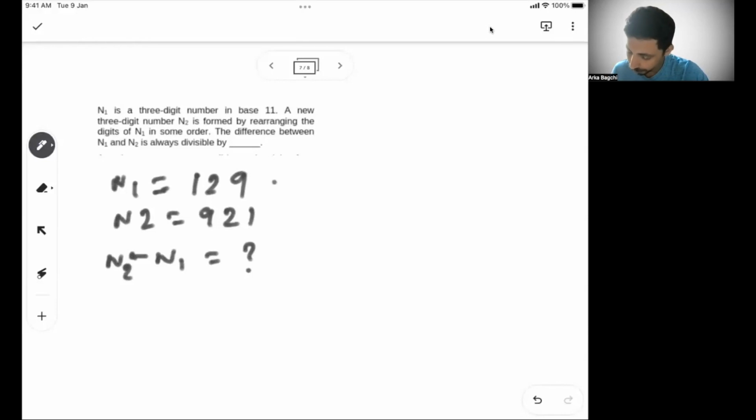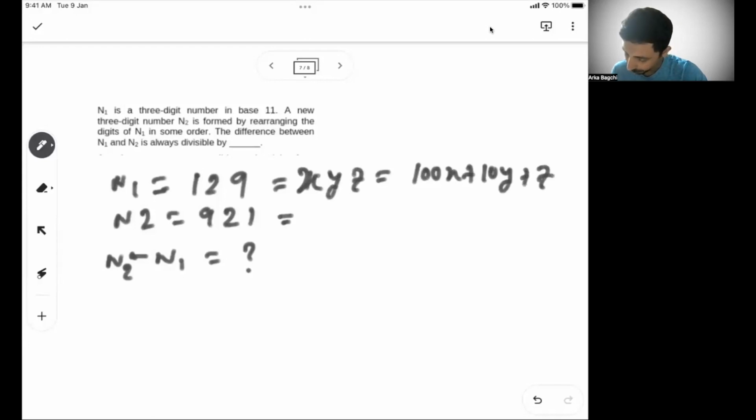For example, if I do it with a generic number, that will be easy. Let's say N1 is XYZ, so I can write this as 100x plus 10y plus z. In that case, the flipped number will become ZYX, which I can write as 100z plus 10y plus x.